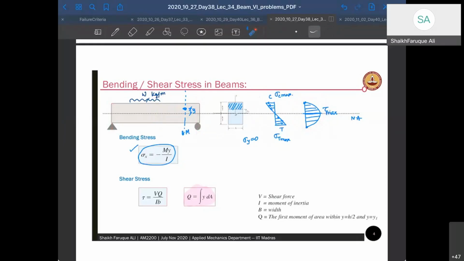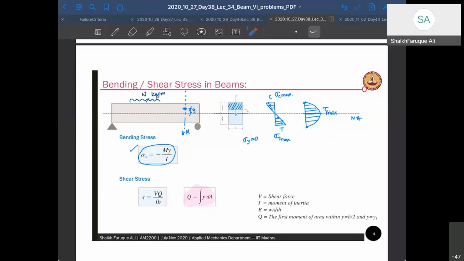The formulas you are going to use are very simple, just two formulas. One is My by I, and the other one is VQ by Ib, with Q being the first moment of area above the point where you are looking. So if you are looking at y, it is the first moment of area above this, not that way, but like this area. So these two formulas you have to remember.